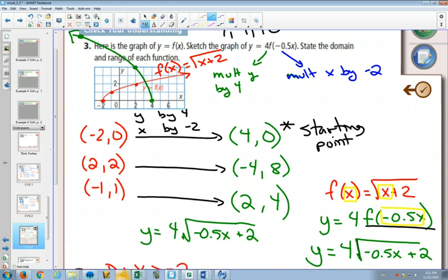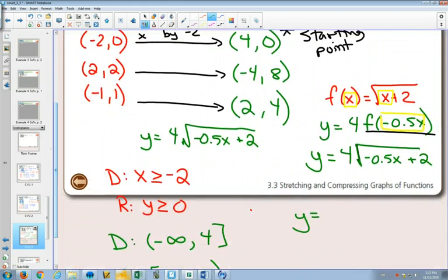So in order to make that work for us, what we're going to do is we're going to factor out the negative 0.5. When we factor negative 0.5 out of negative 0.5x, can you see that you would just get x? That's no problem. Harder, though, is factoring a negative 0.5 out of 2.